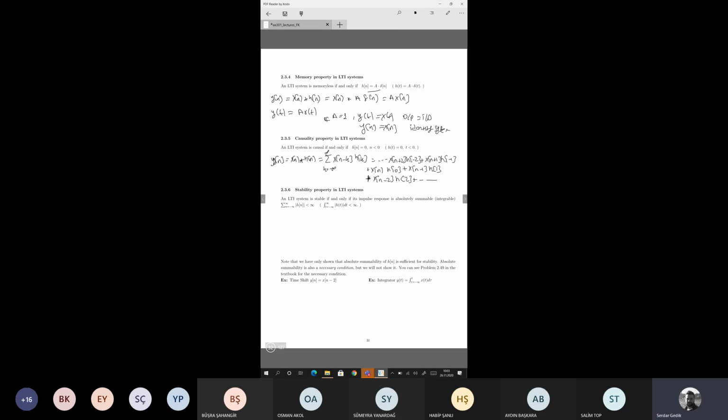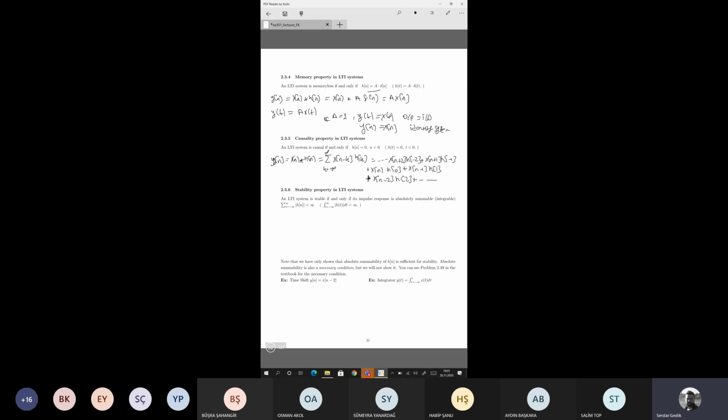So if I expand infinitely many terms, this is what I have for y[n]. It is a summation of terms: x[n+2] h[-2] plus x[n+1] h[-1] plus x[n] h[0] plus x[n-1] h[1], and it goes on like this.